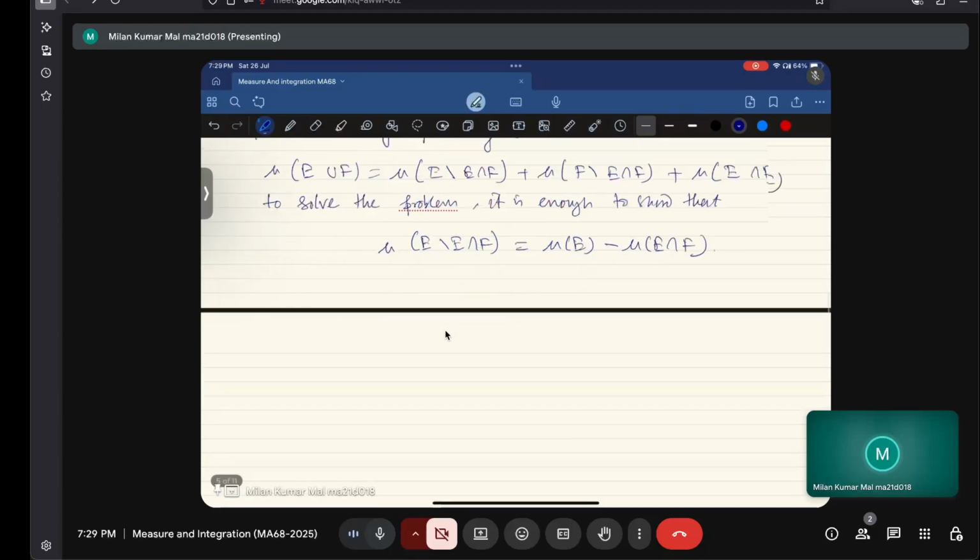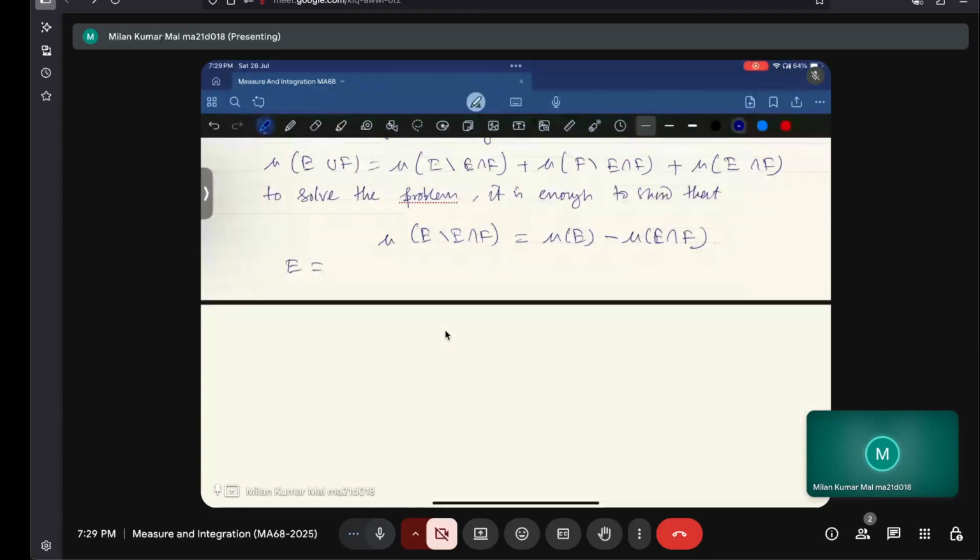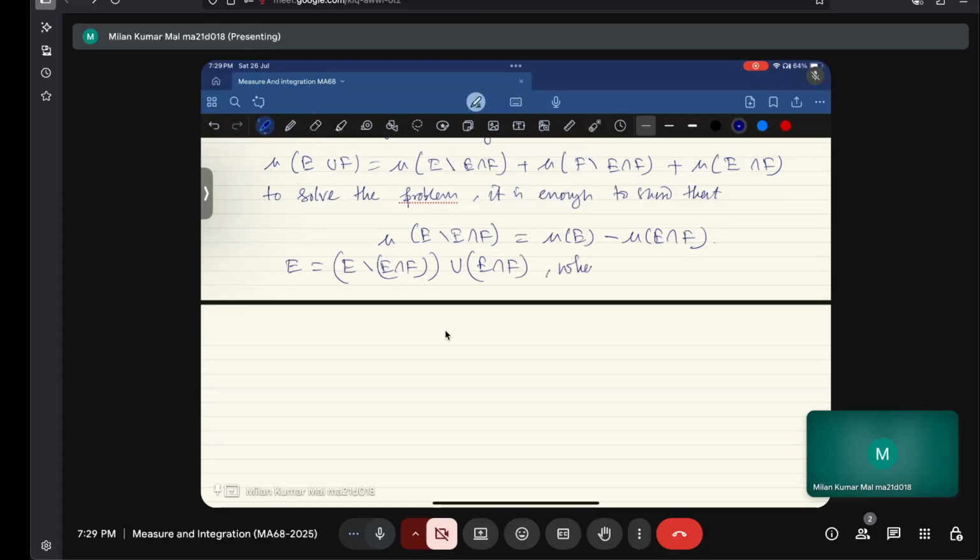Why is this the case? Because E can be written as E minus E intersection F union E intersection F, where E minus E intersection F and E intersection F are disjoint.